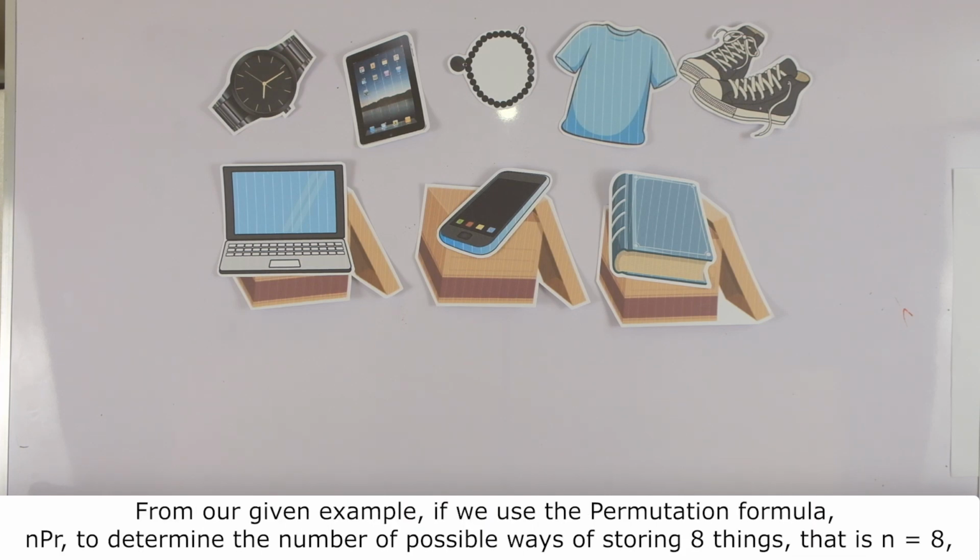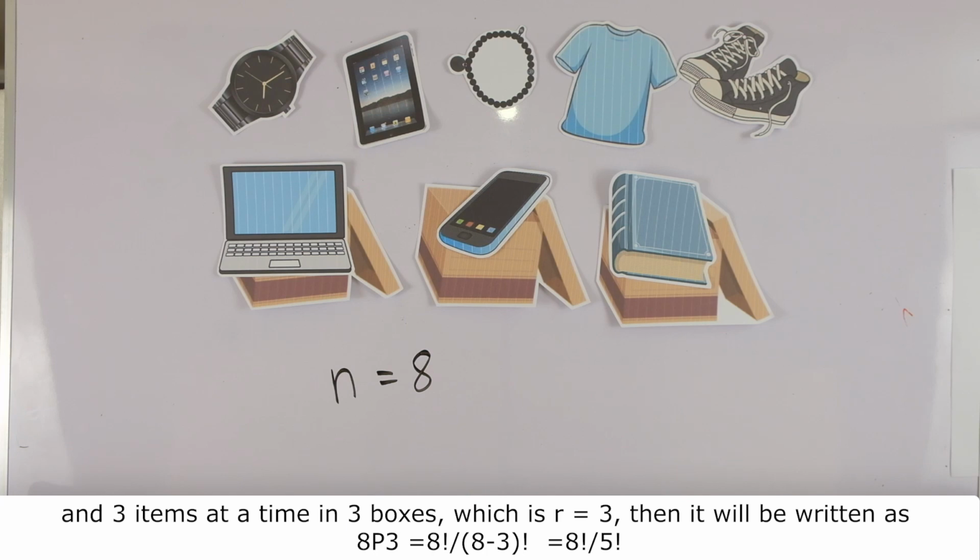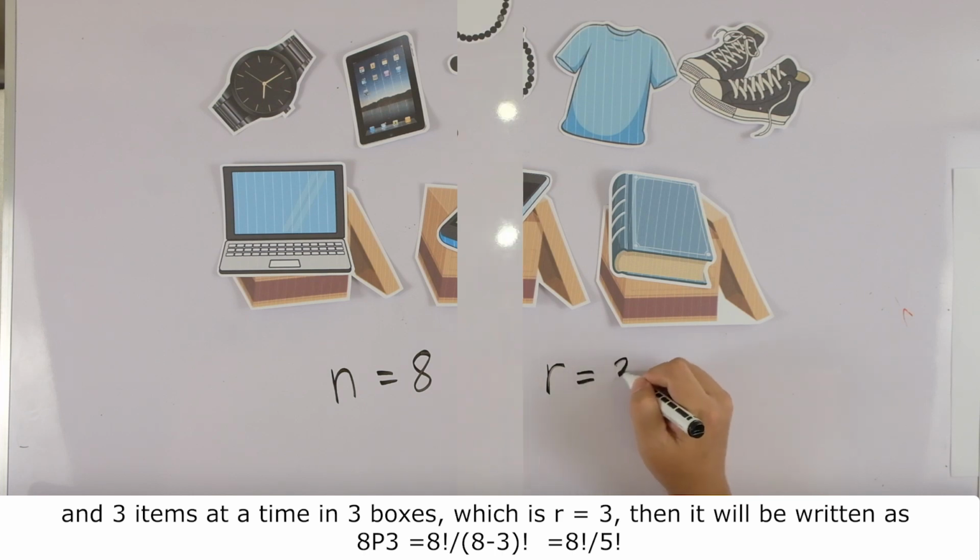From our given example, if we use the permutation formula nPr to determine the number of possible ways of storing 8 items, we have n is equal to 8 and 3 items at a time in a box, which is r is equal to 3.